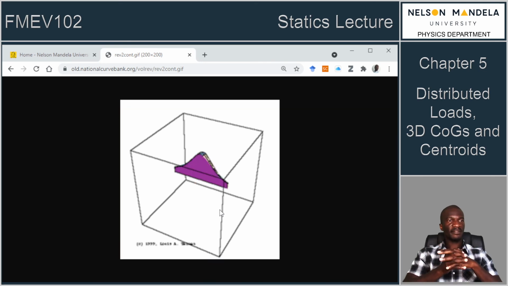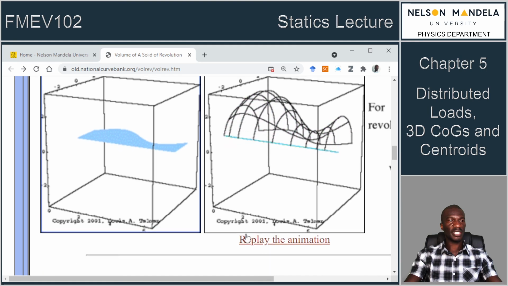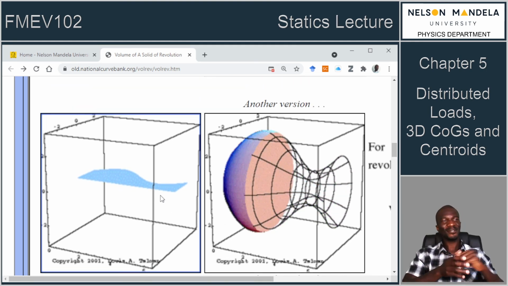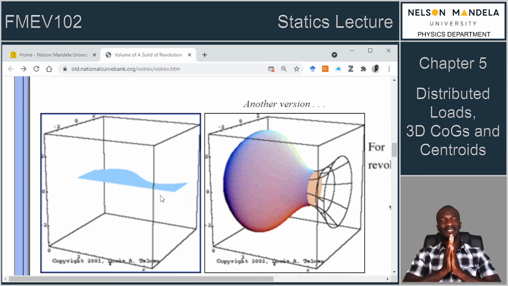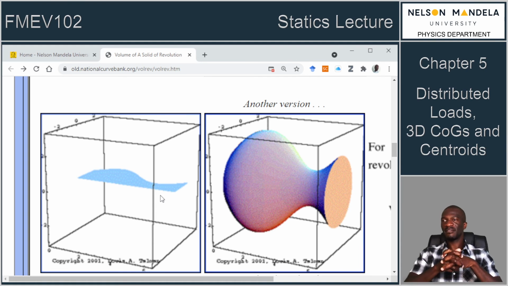Okay, so we just have another geometry there, which is a plane shape that is forming a very nice 3D volume. And then we also have this one, which generates a jug, right? So you can integrate, you can choose whichever way is going to be useful or easy for you. Remember, the most important thing is the function, right?